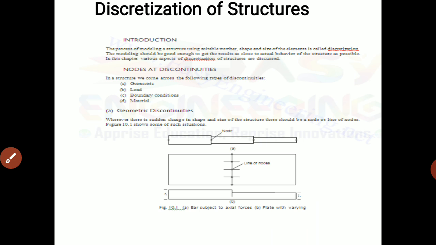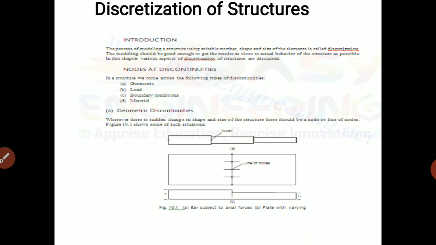Now the main important part and the actual unit starts with discretization of the structure. The first and important step in finite element analysis is to generate the mathematical model. By using a finite number of discrete elements, it should be as near as possible equivalent to the actual continuum. These elements are connected to adjacent elements only at a limited number of points called nodes.